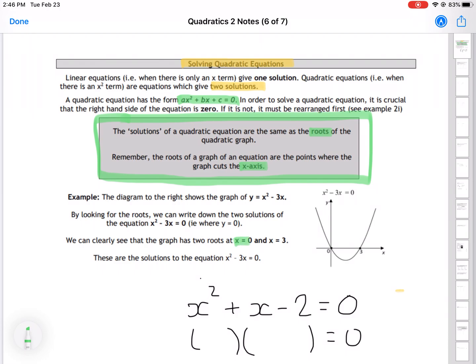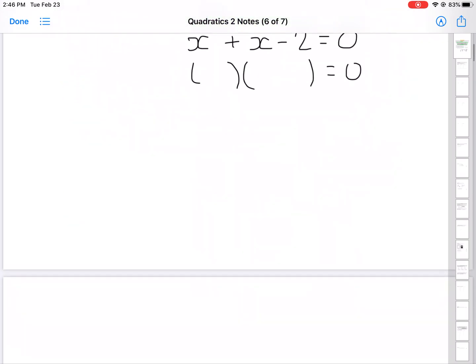We get the two values x equals 0 or x equals 3. On the graph, that's where it scoops up and cuts the x-axis in those two positions. We did this when drawing these graphs, because we had to mark on the x-axis points.